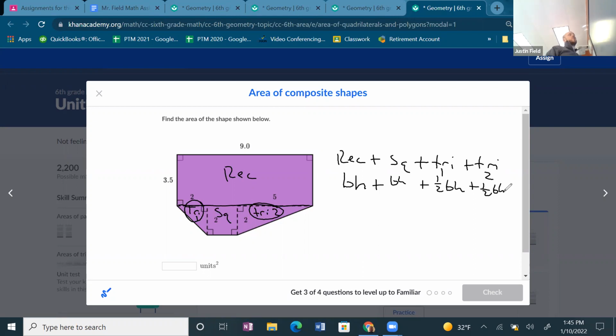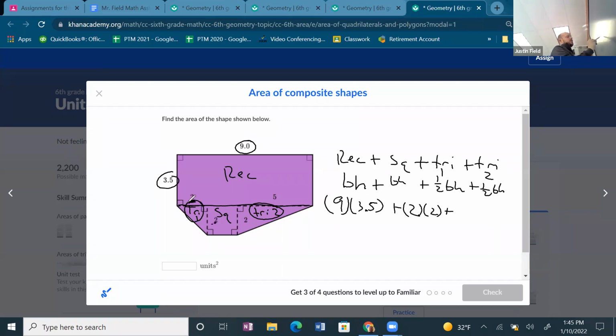All right, so what is the base and the height of the rectangle? It's 9, 3.5. What is the base and the height of the square? It's 2. And then how about this triangle?